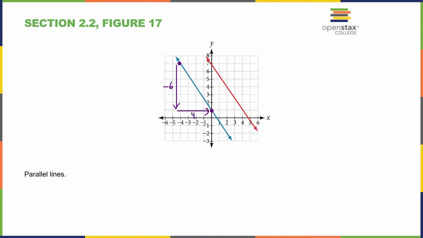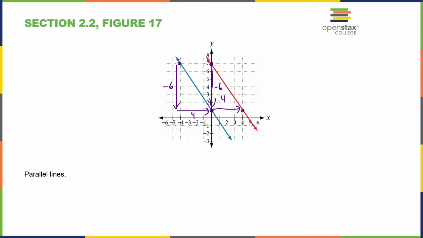Let's find 2 points on the other line. I have this one, and you can see my rise is -6, and my run is 4. So they have the same slope. So you can confirm that they are indeed parallel. You have to recognize that sometimes 2 lines will look really close to each other, but aren't exactly parallel.